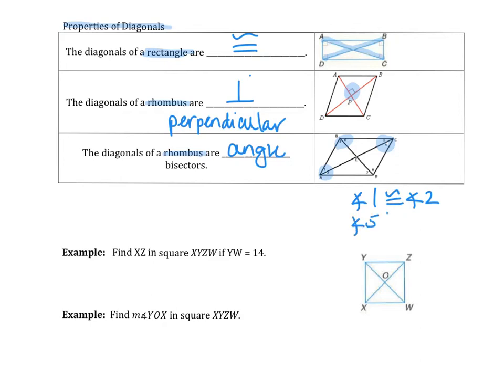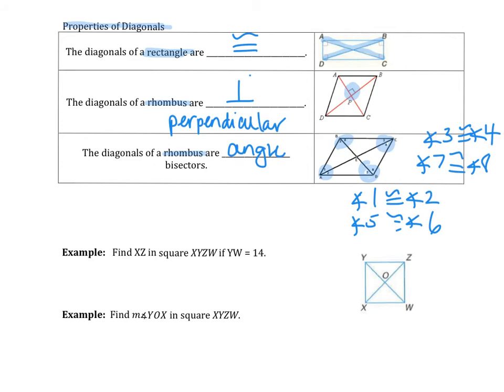Angle 5 is congruent to angle 6. And I'll add the other ones in there just so you have them. Angle 3 is congruent to angle 4. And angle 7 is congruent to angle 8. So again, those diagonals of the rhombus also bisect the angles at the vertices.